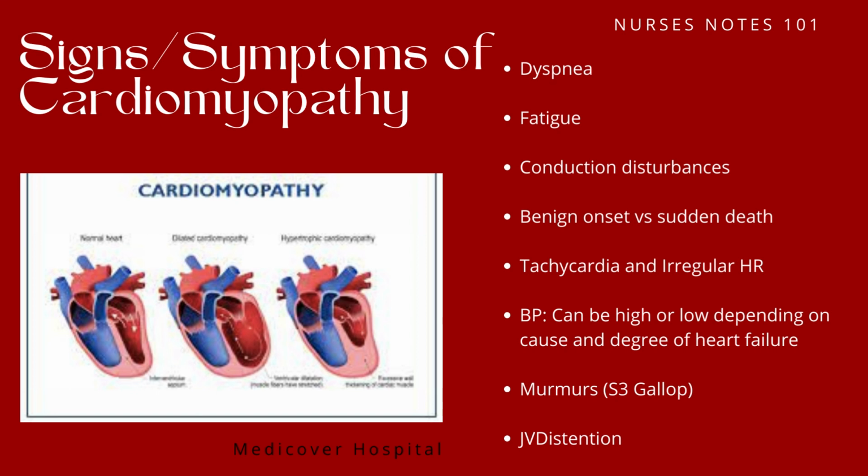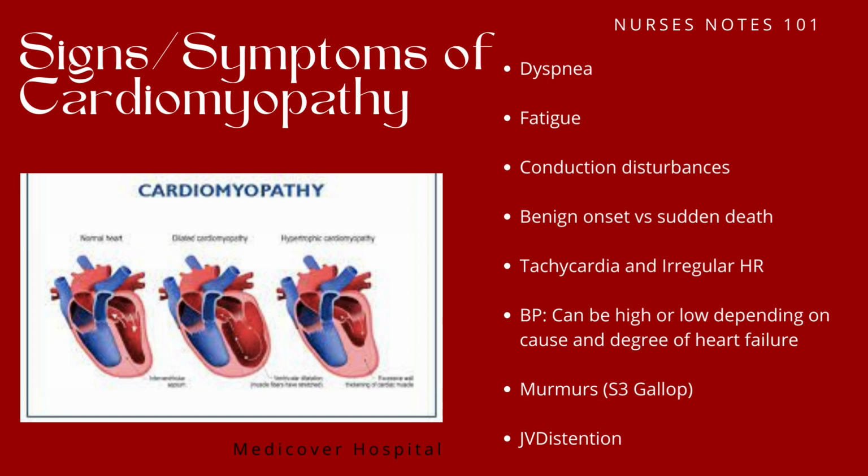Mostly, and what we would hope for is there is a benign onset for cardiomyopathy, or sometimes they are congenital. But sometimes, as we see with athletes, there can be sudden death. Those issues that we're seeing sometimes in athletics is due to hypertrophic cardiomyopathy.